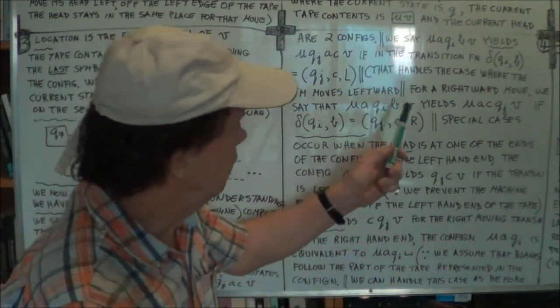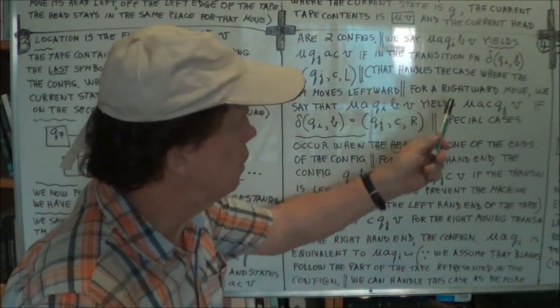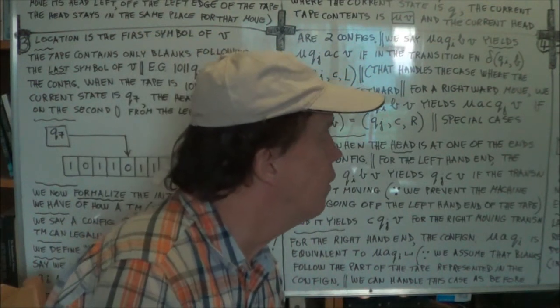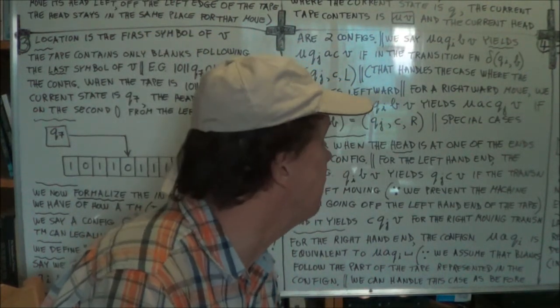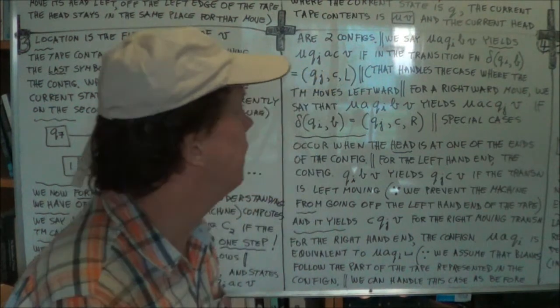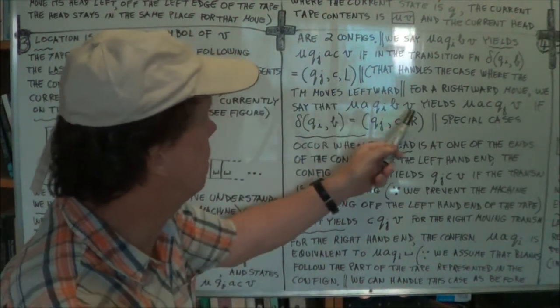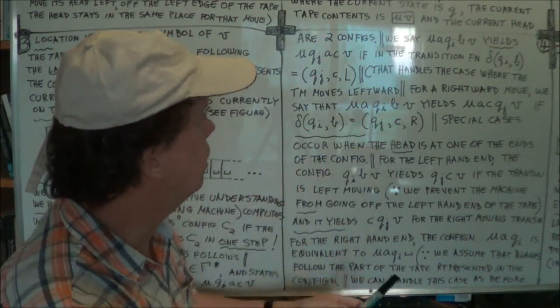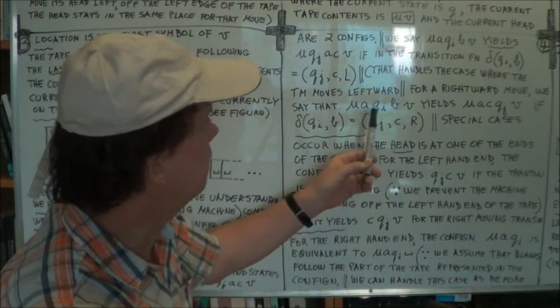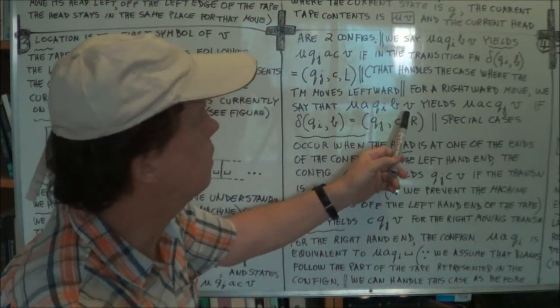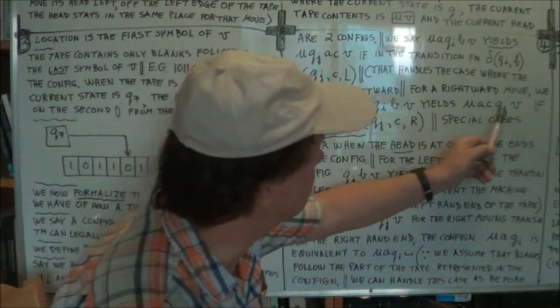Okay, now if your transition rule tells you to move right, to the right, then this will become what? This will yield what? So this is your C1, this is your C2.